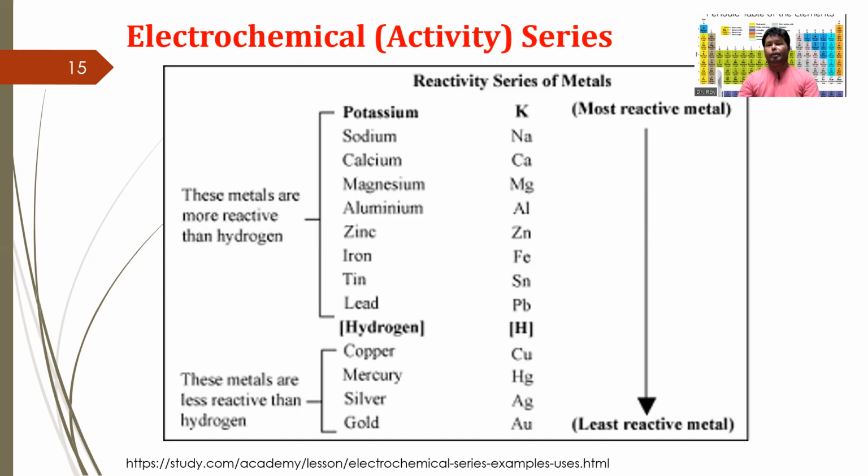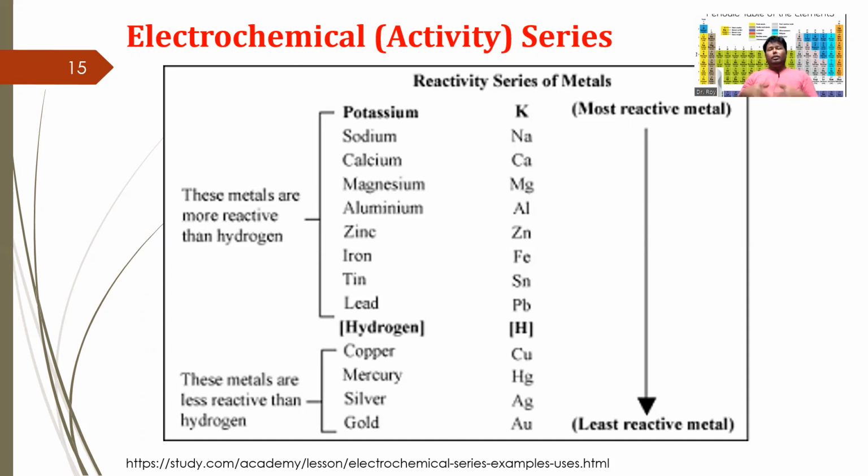We have different types of metals: sodium, potassium, calcium, magnesium. All the metal atoms have the tendency to donate some electrons.